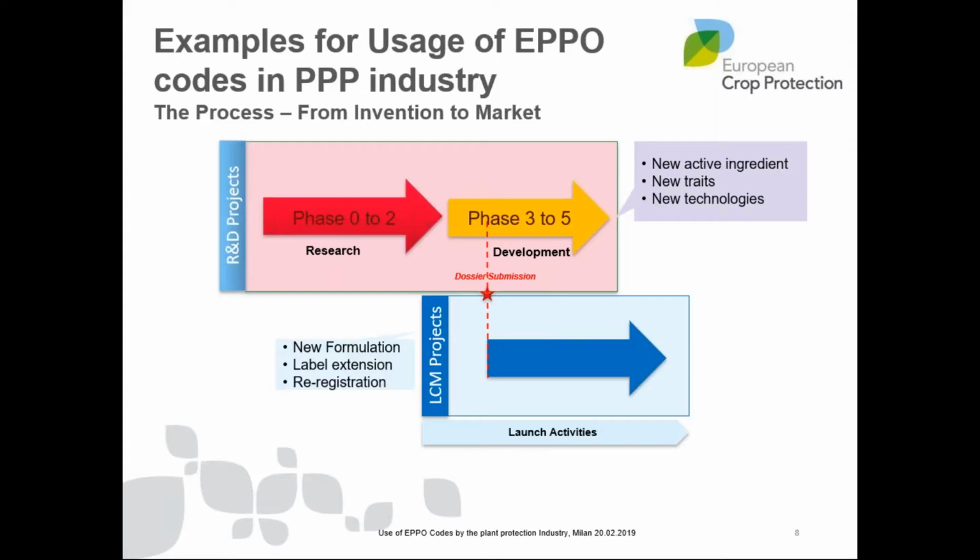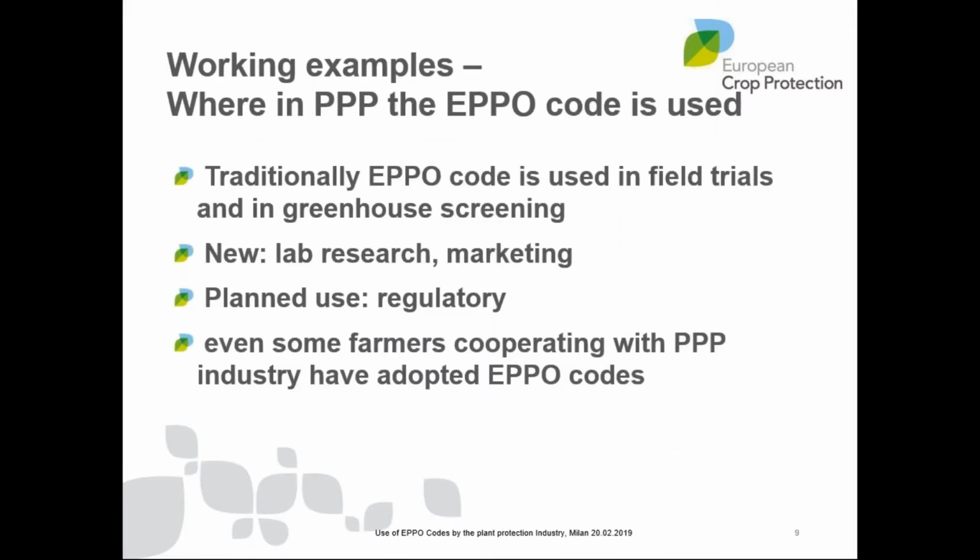You're testing for biological efficacy, you're doing lab tests, you're doing regulatory tests and indicator tests for toxicology, for environmental fate, for ecotoxicology. So there are potentially many things where we could use the EPPO code. And this is where it is used.